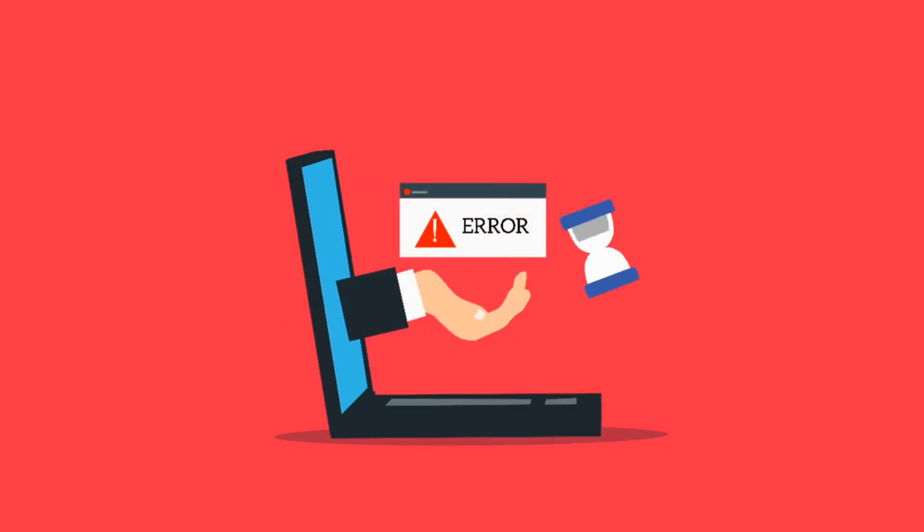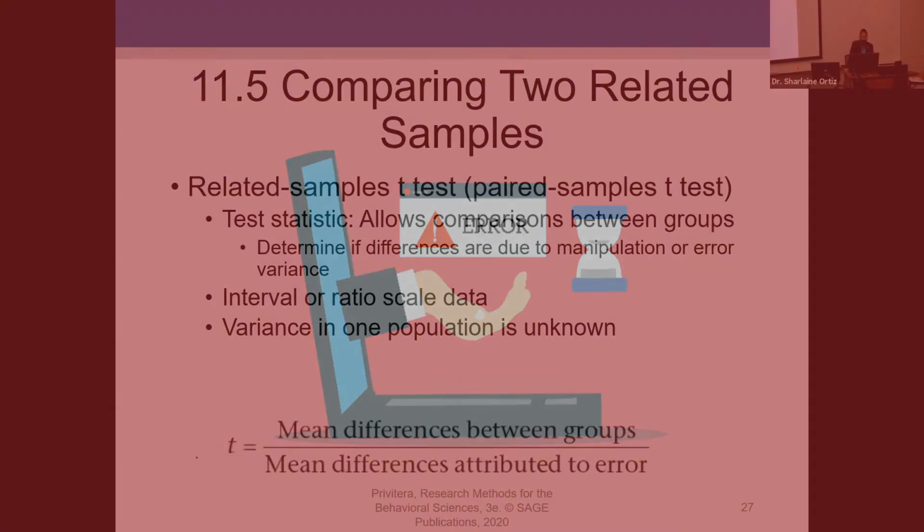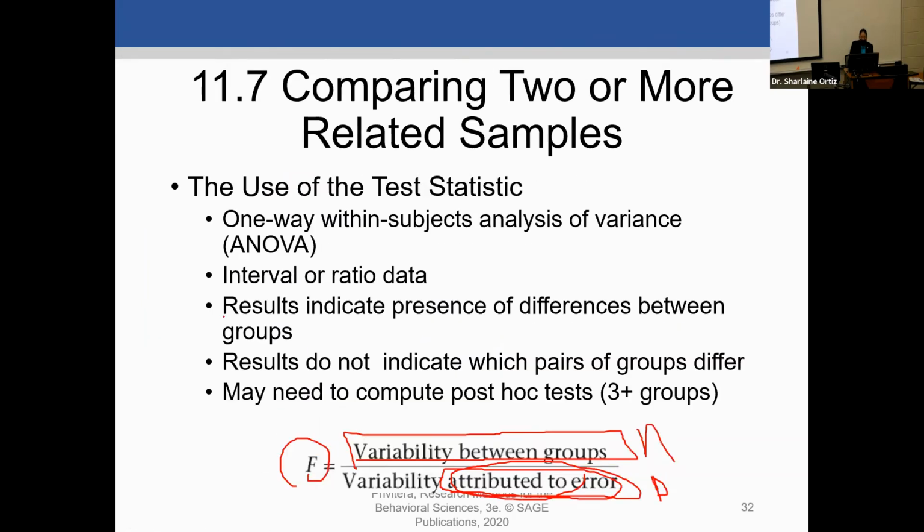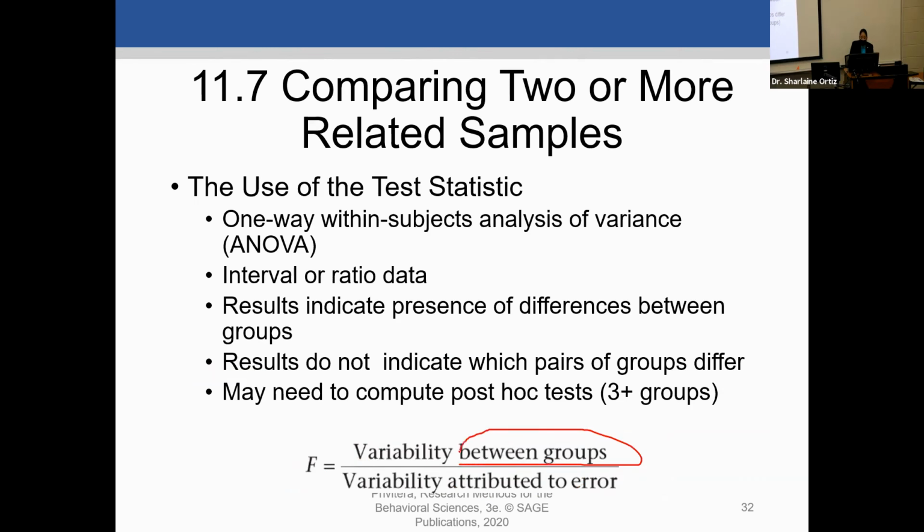This is very similar to our previous instance for a test statistic. So again, we are fine with the mean differences between the groups, and for this test statistic, we are looking at aspects attributed to error in our denominator. And so is the case here.